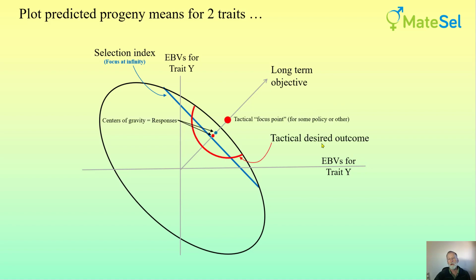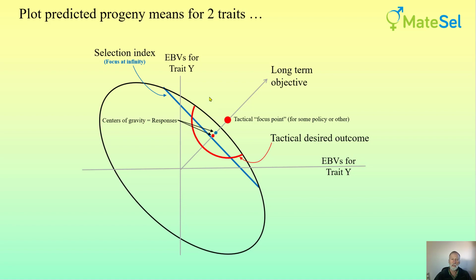However, if you're looking at a different tactical desired outcome, and that might be you want to change the shape of the distribution, for example, to make it less variable, and it's not quite the same as a single trait because we've got two traits here, but it might be a bit like avoiding matings that give you extremes here and making matings that give you values closer to here because you're aiming more or less at a focal point over here. So that might be reducing variation, setting minimum or maximum as a boundary, and those sorts of manipulations.